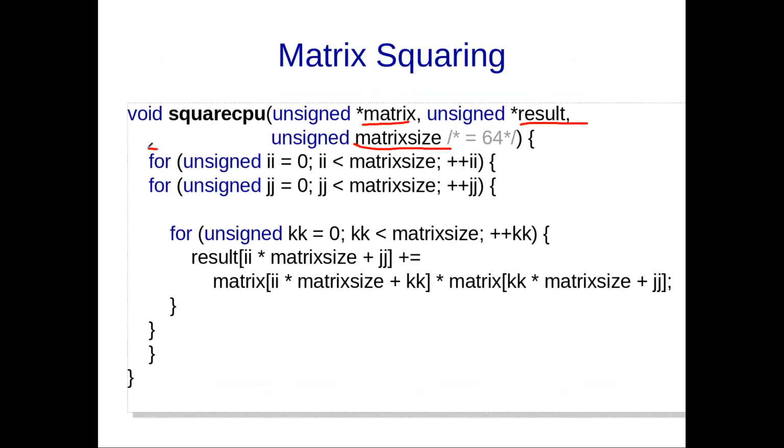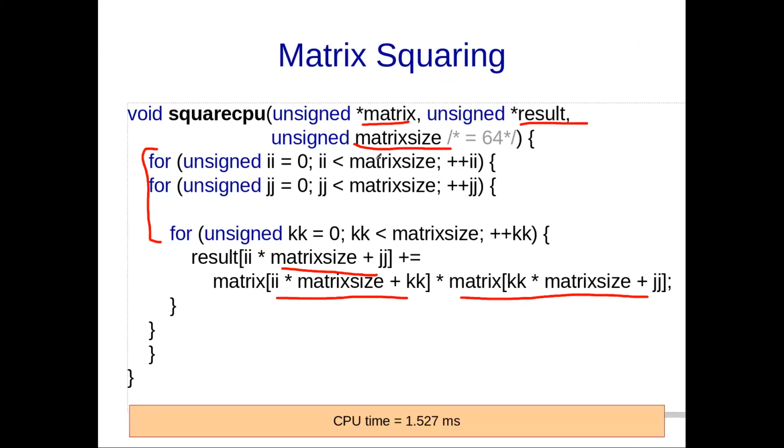There are 3 loops involved, and result of ii into matrix size plus jj plus-equals matrix of this into matrix of this. I assume that result is initialized with 0 somewhere earlier. When I run this on my CPU, it takes 1.5 milliseconds.